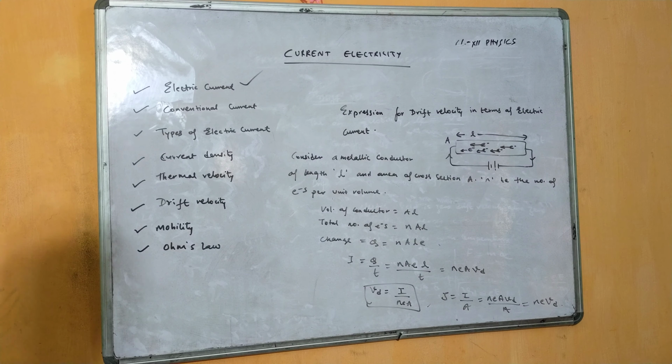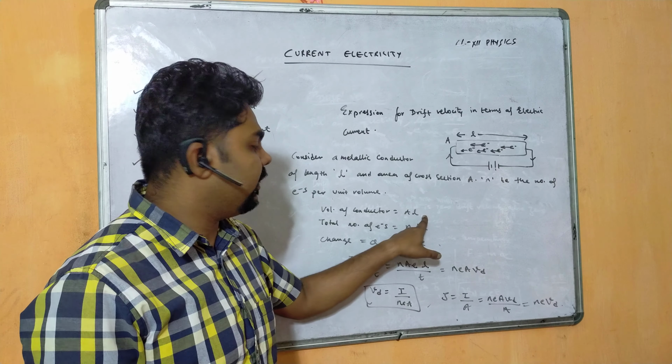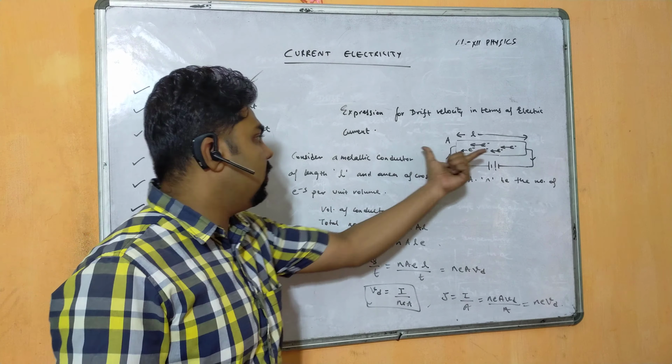A means area, that is meter square, and L is the length, that is meter. So meter square into meter is meter cube. That is why I have considered the volume of the conductor to be AL. And the total number of electrons, as I said the number of electrons per unit volume is n, so we will consider n into AL. The number of electrons into the total volume is the total electrons, and charge we know Q equals Ne.